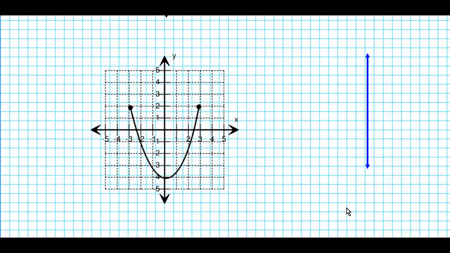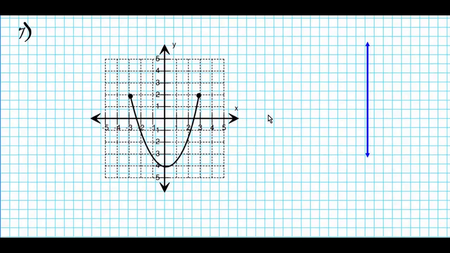All right, now let's take a look at question number 7. This is a graph of a portion of a transformed quadratic function. So question is, does this relation, this graphical representation of a relation, represent a function or not? So we're going to use a vertical line test again because the relation is presented in graphical format.